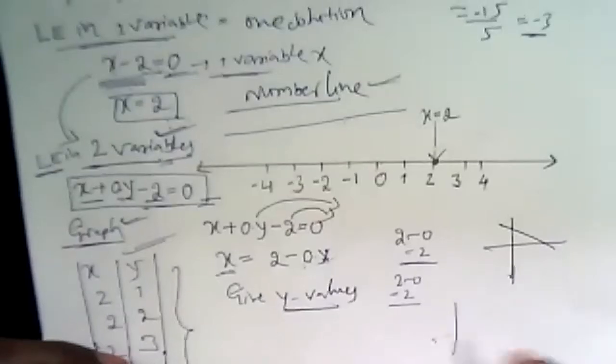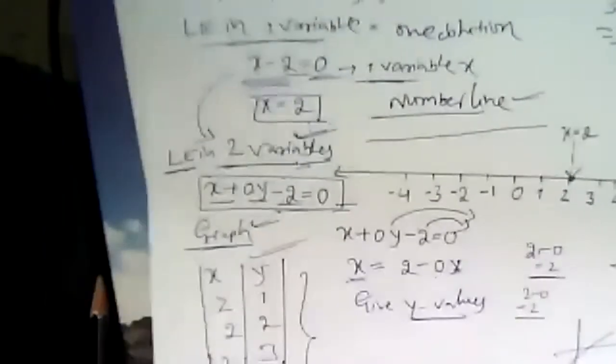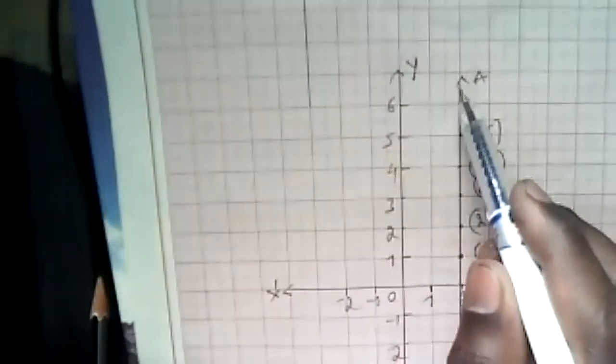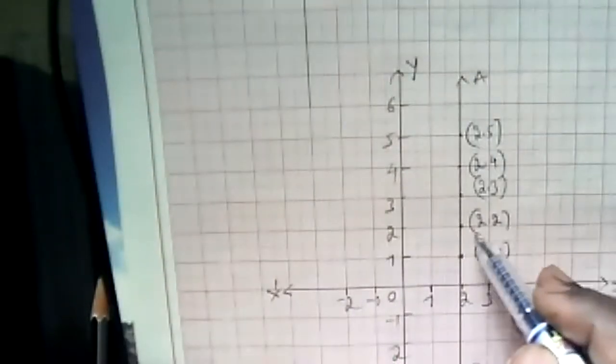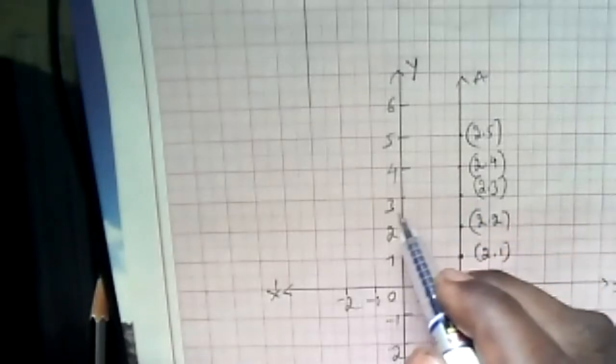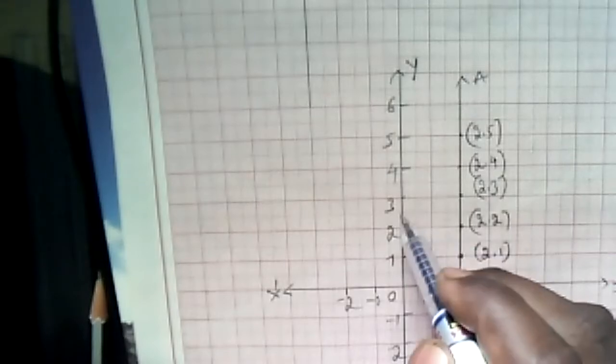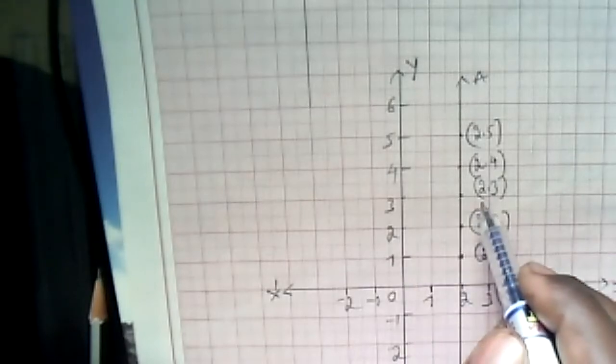Or maybe we obtained the graph like this. But in this graph, we obtained exactly this line which is parallel to the y-axis. Is it right? Okay, we obtained the equation of the line which is parallel to the y-axis.